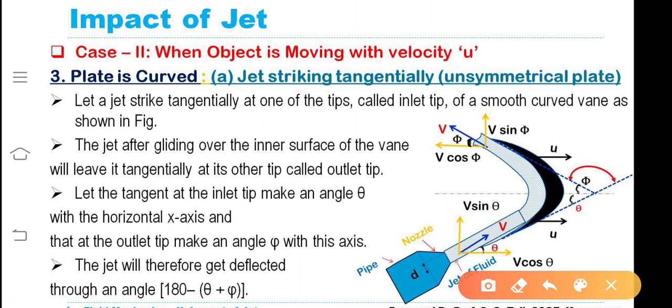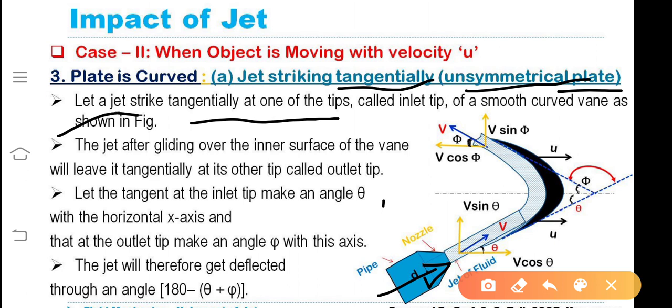Plate is curved, jet striking tangentially, and unsymmetrical plate. Let a jet strike tangentially at one of the tips. One of the tips which we have considered here is the inlet tip. This is inlet or entry of a smooth curved vane as shown in figure. So far, whenever we are deriving the equation, we have assumed that the plate is smooth.